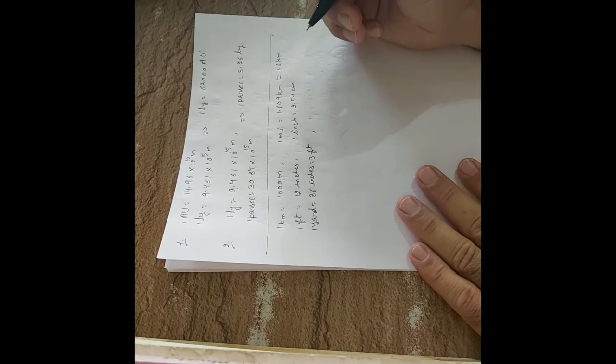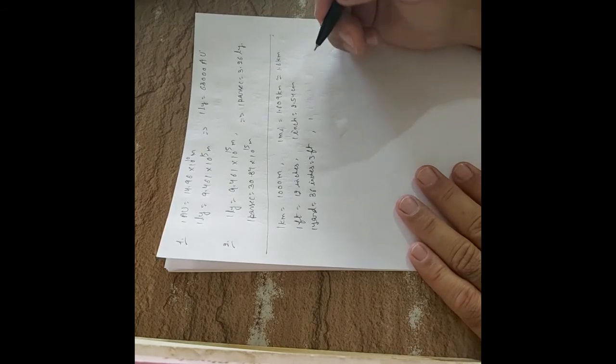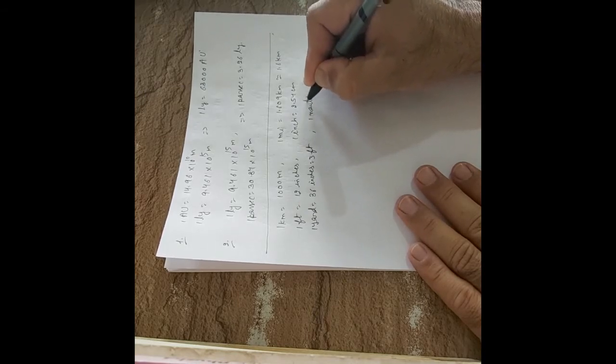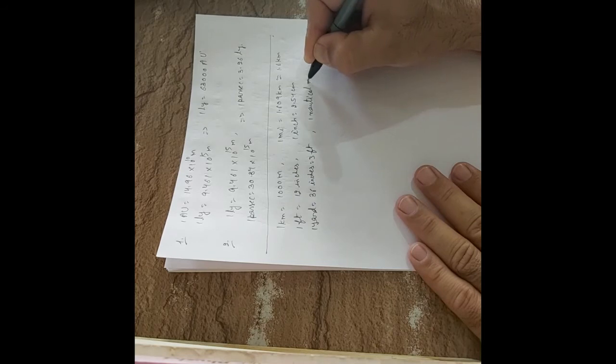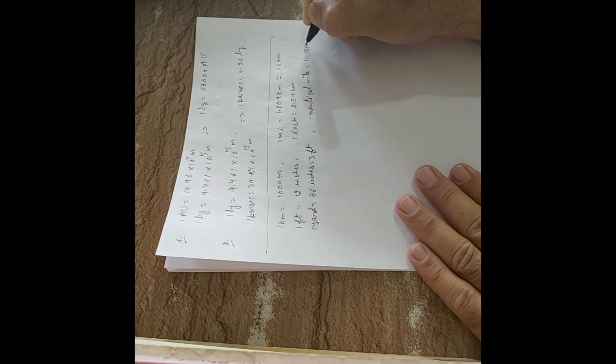Whenever we are talking about naval distances, that is, distances measured in the sea, 1 nautical mile is equal to 1.151 mile.